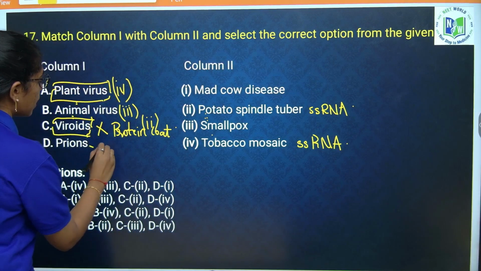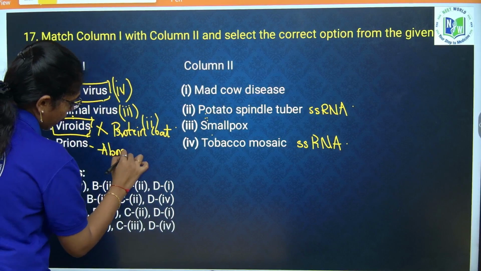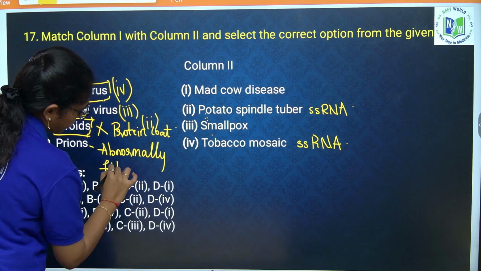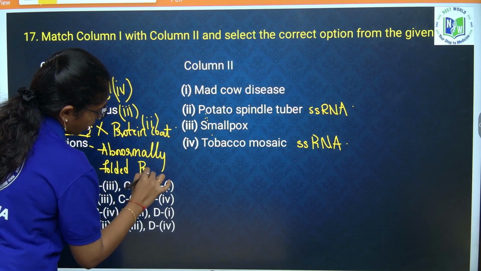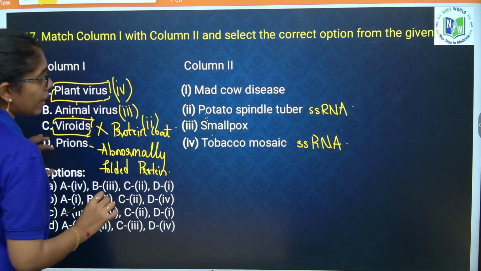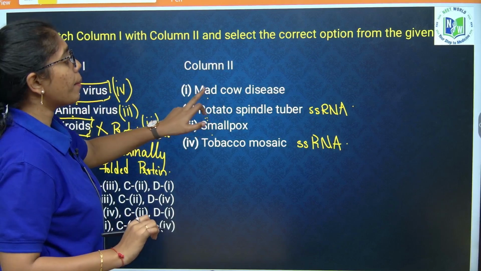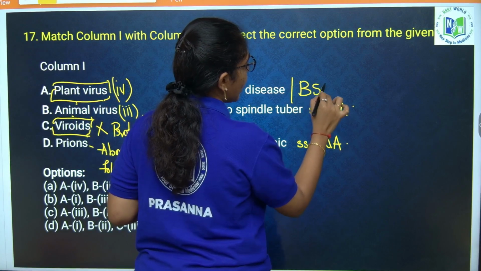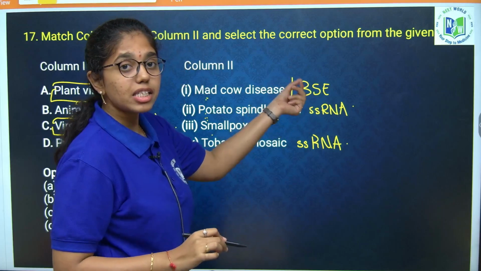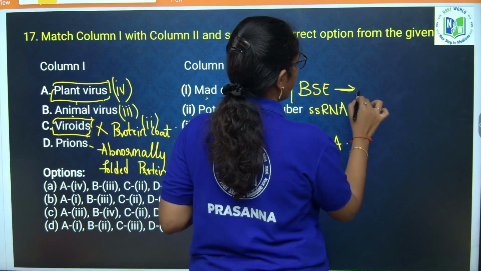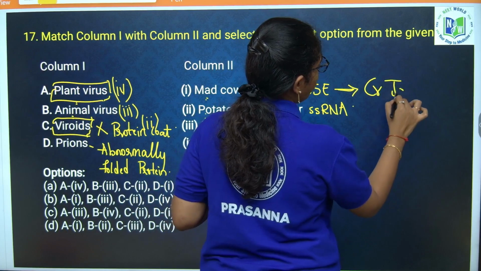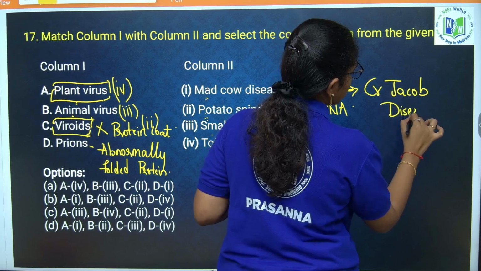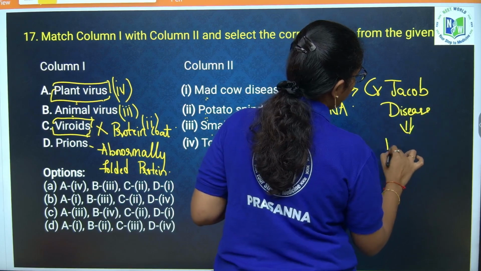Prion. Prion is nothing but abnormally folded protein. This causes mad cow disease, which is also called bovine spongiform encephalopathy, and its human variant is Creutzfeldt-Jakob disease, which affects nerve cells especially.